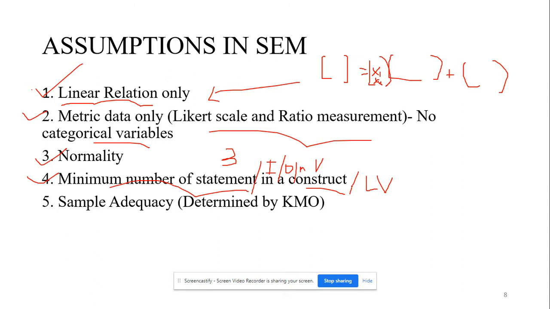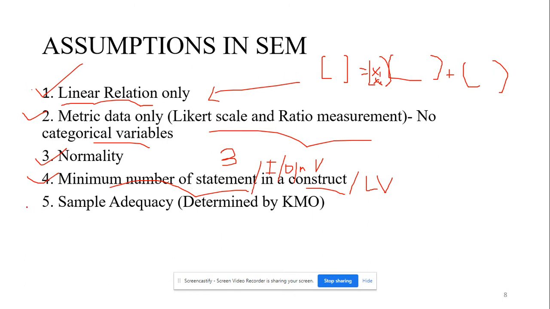So in a particular construct there should be a minimum of 3 statements. Some people say 2 is enough, but in the literature, when we look at expert opinion and empirical studies, normally they look at a minimum of 3 statements linked to a latent variable or a construct.